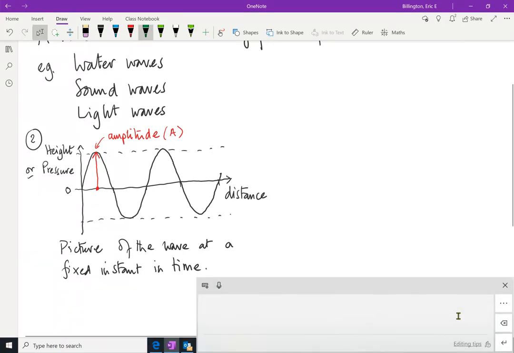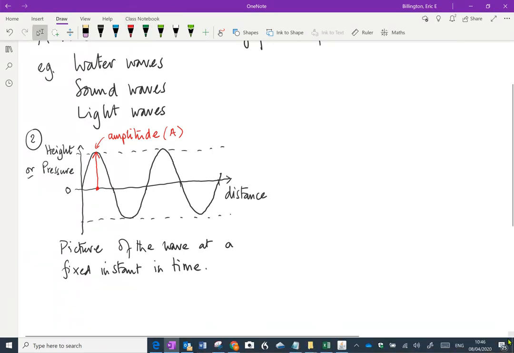And then the second thing we can get from this picture is the length of one complete wave. So the length of one complete wave is from here to here, or it's from here to here, or indeed it's from here to here, whichever you like. It's the length of one complete wave. So I'm going to draw it here because it's easiest.